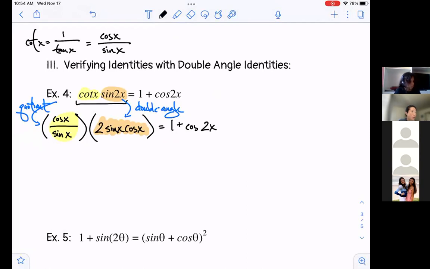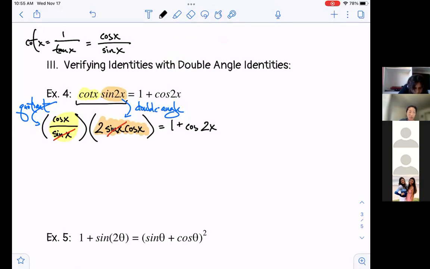All right. What can we do to that left-hand side? Great. I do see a sine x in the numerator, and I see a sine x in the denominator. And then that allows me to rewrite the left-hand side.